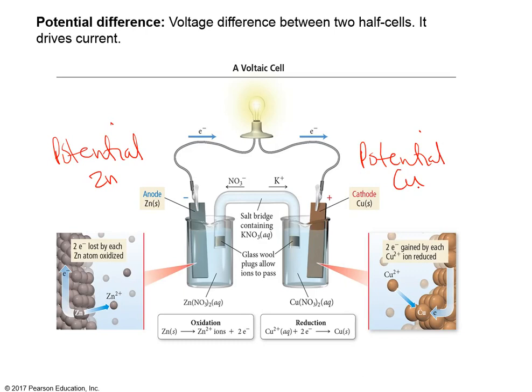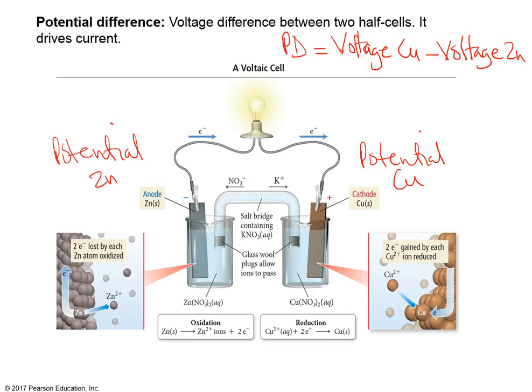Now, the potential difference will be the voltage difference between the copper and the zinc. So really, PD will be given by the voltage of copper minus the voltage of zinc.